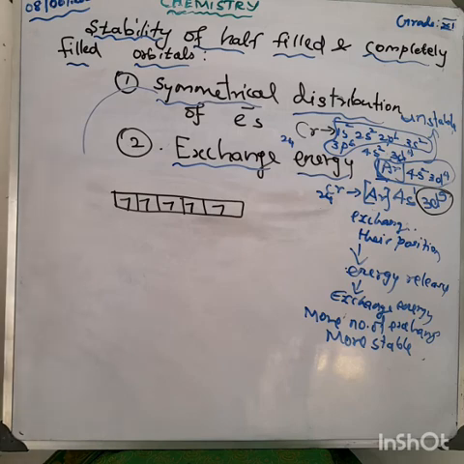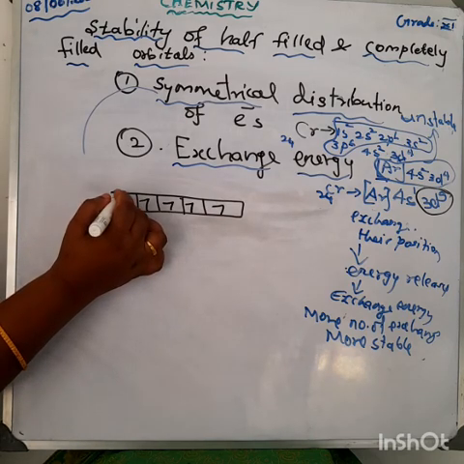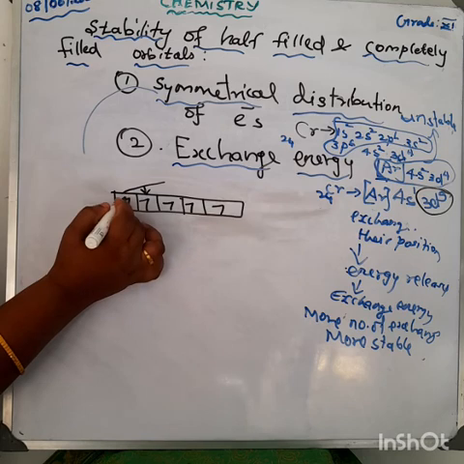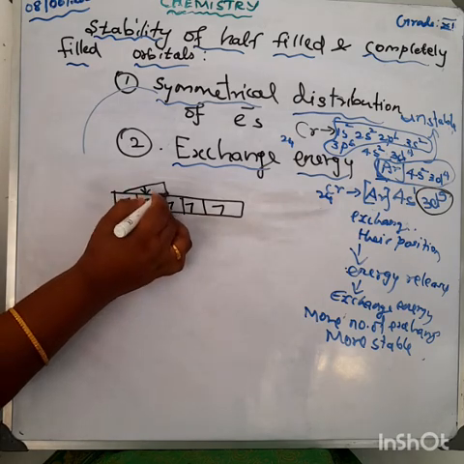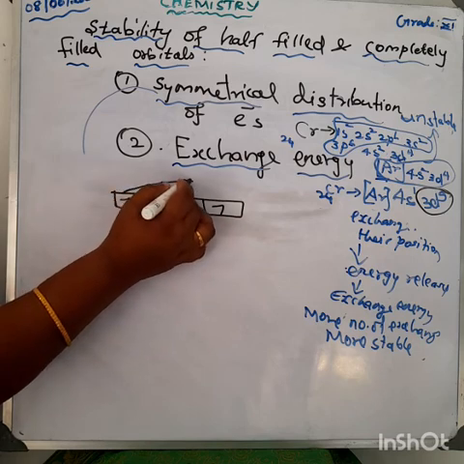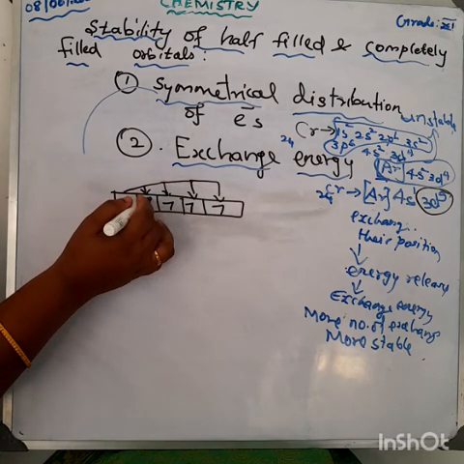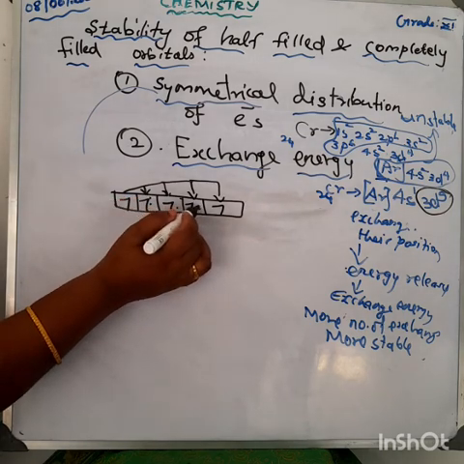Consider this electron. It can exchange its position to here, or here, or here, or here. This electron can exchange its position with this orbital, or this orbital, or this orbital, or this orbital.